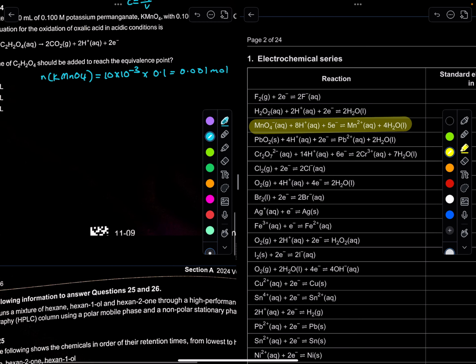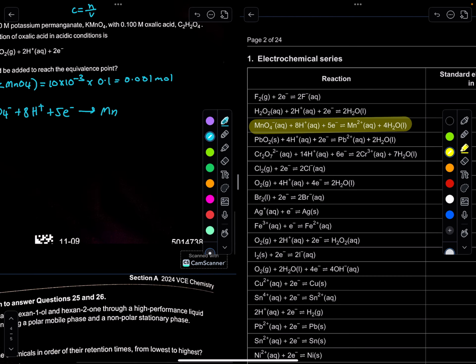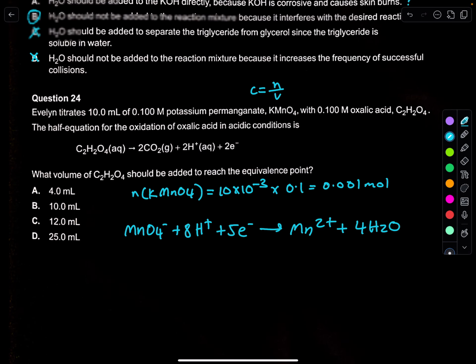So let's write that down. MnO4 minus plus 8 H plus plus 5 electrons gives us Mn2 plus plus 4 H2O. Done.